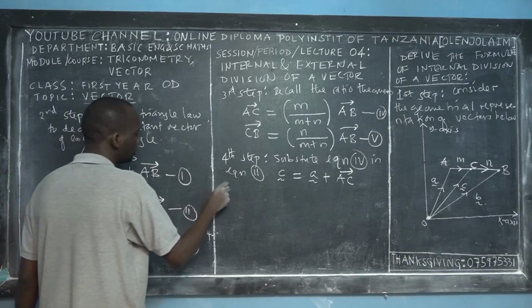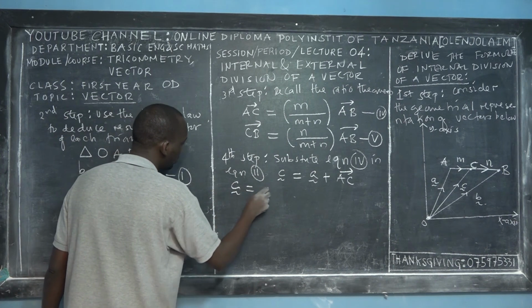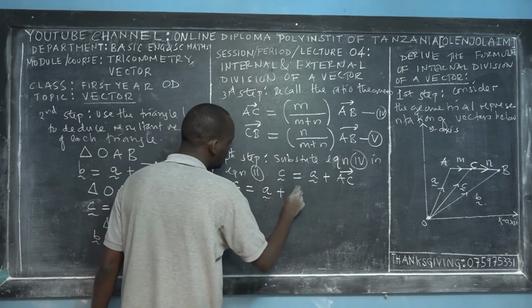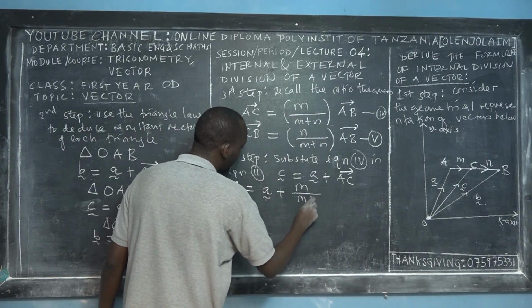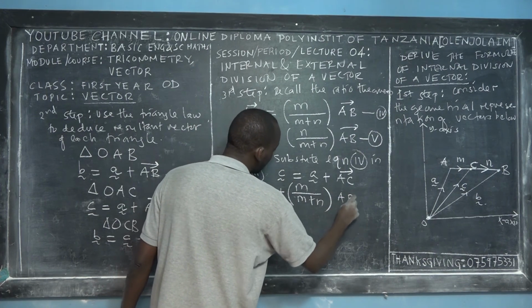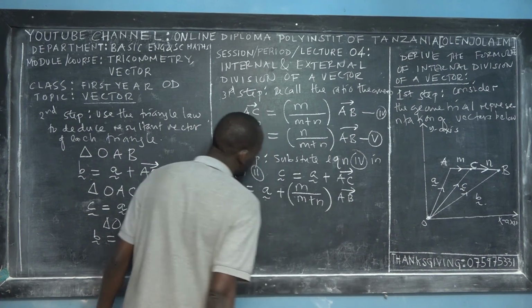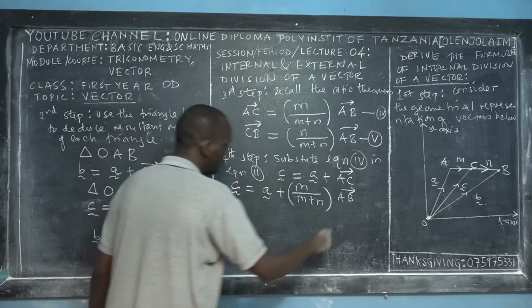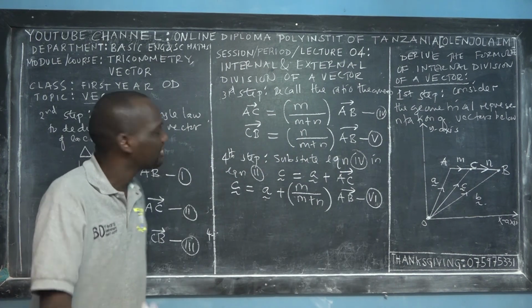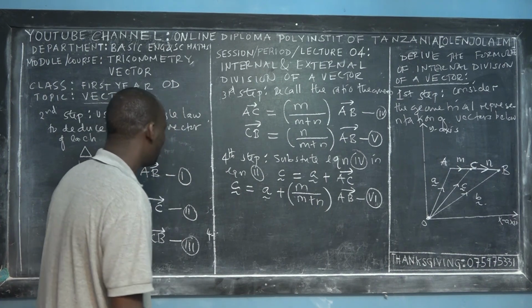So you say resultant vector C is equal to vector A plus M over M plus N, then we multiply by vector AB. This will be equation 6.